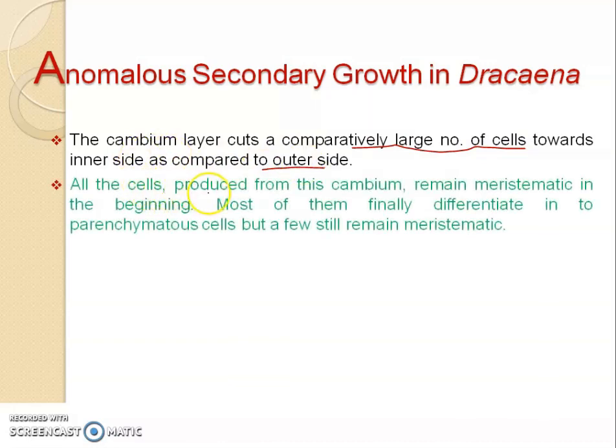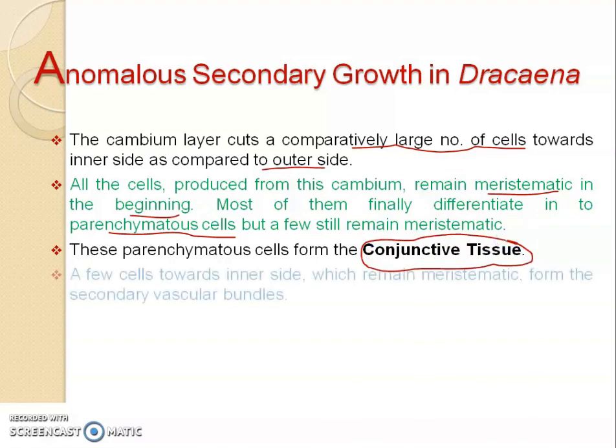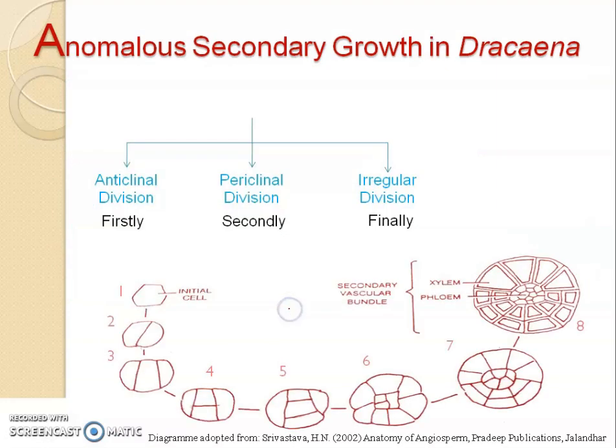All the cells produced from this cambium remain meristematic in the beginning, but most of them finally differentiate into parenchymatous cells, but still remain meristematic. These parenchymatous cells form the conjunctive tissue. This is a hard tissue formed of tough cells. A few cells towards the inner side which remain meristematic form the secondary vascular bundles.